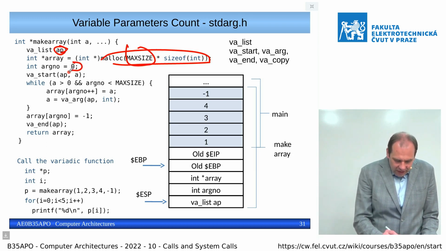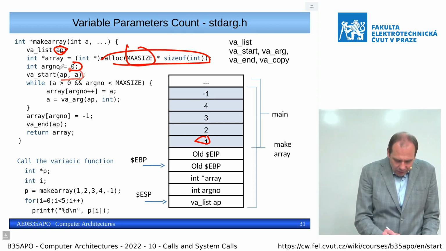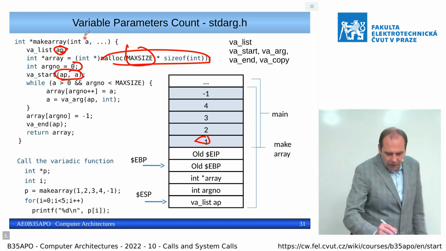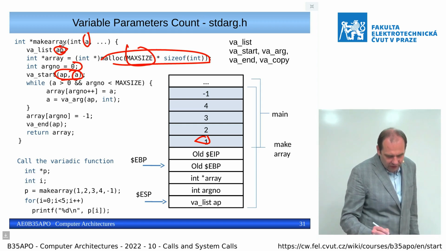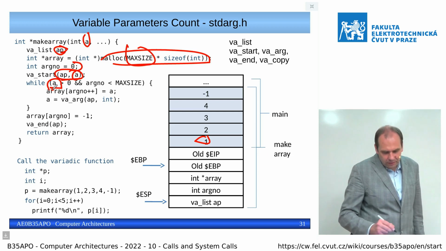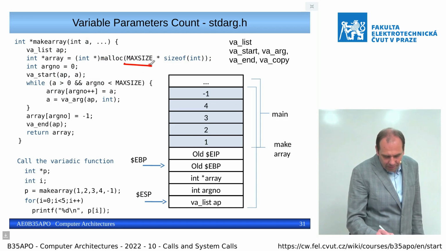Then we start to iterate. We know that the first is the argument, and we say, okay, A is our first argument. Then we check, is A bigger than 0, and do we not yet fill the whole array, so we do not exceed the capacity?